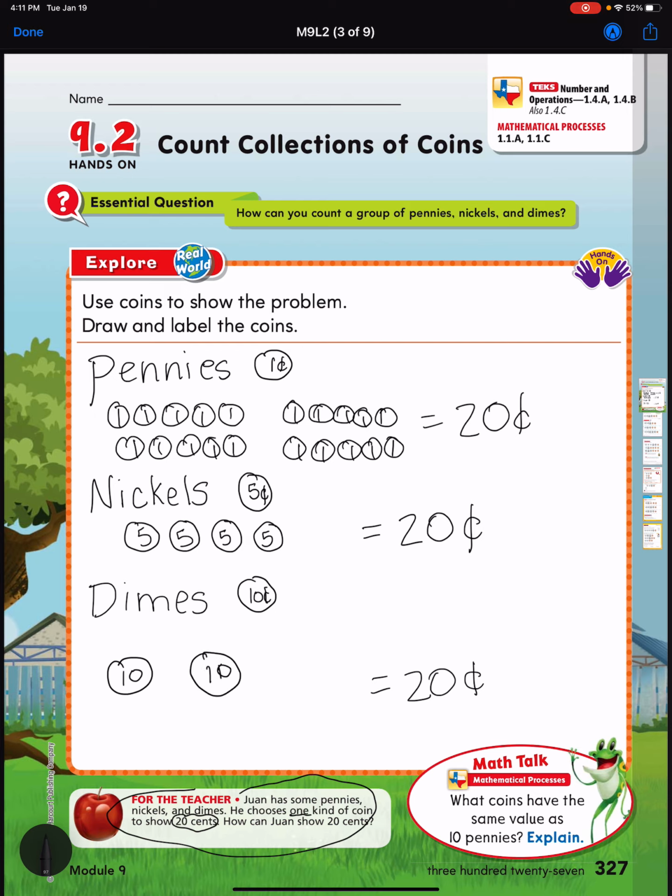That's 20 cents. 10, 20. 5, 10, 15, 20 by nickels. And then ones by pennies. All right, so there's 3 different types of coins to show 20 cents.